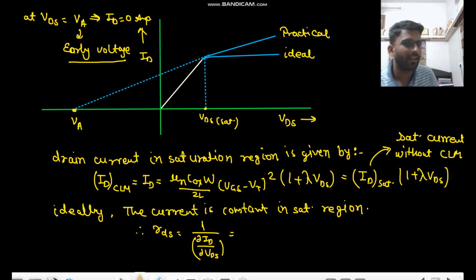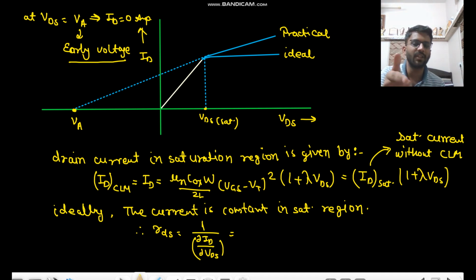The drain current in triode region will be the same. What was the formula of drain current in triode region? Mu n Cox W by L, bracket (VGS minus VT) into VDS minus VDS square by 2, bracket closed. So that was the formula for drain current in triode region. But in saturation region, since the curve is not flat, the current is not constant, the current depends on the VDS value.